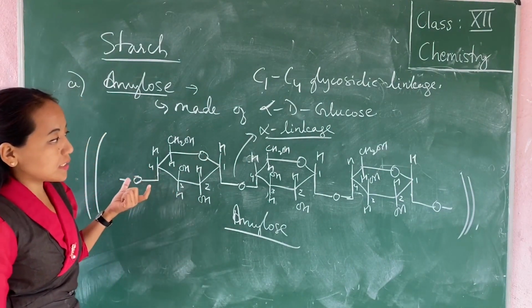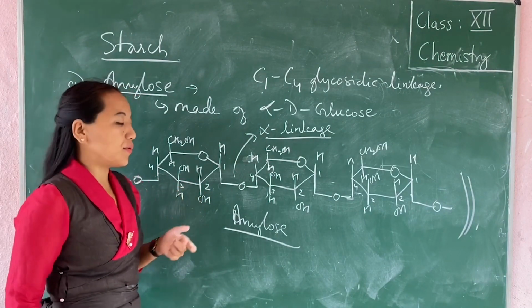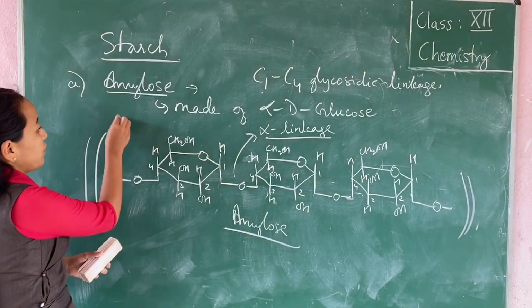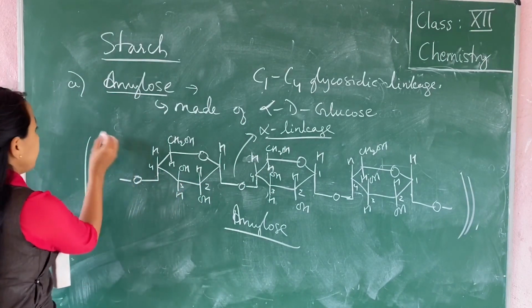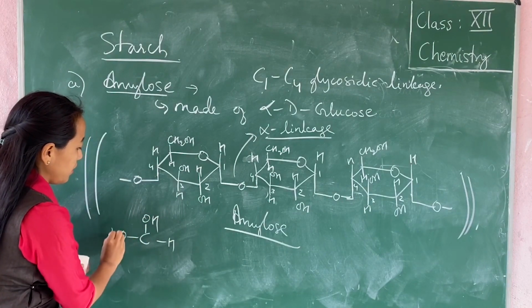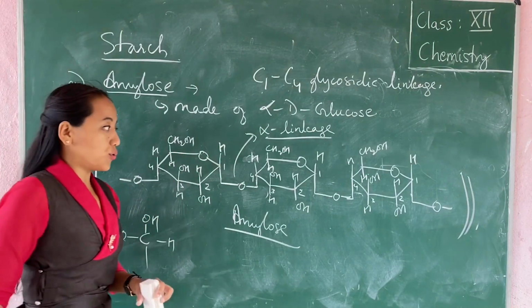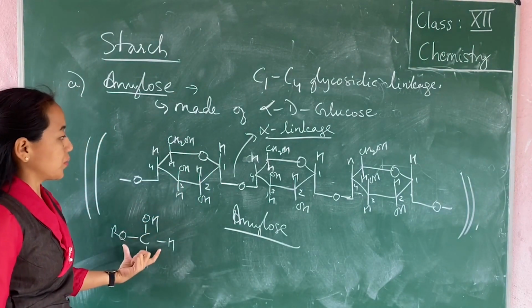Now if you are asked whether they are reducing or non-reducing sugar, for that you have to again look for a carbon atom which has an OH. As I said earlier, if it carries an OH, H and OR, then it is said to be a reducing sugar. But in this case, none of the carbon atoms carries these groups.